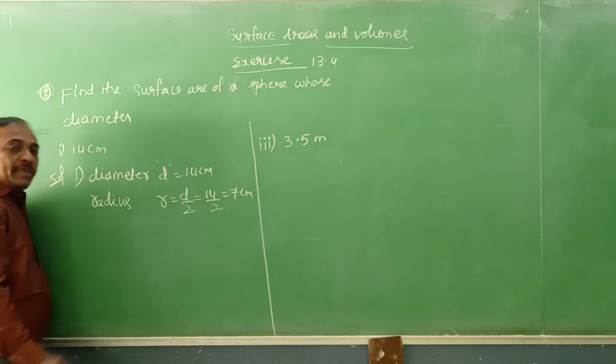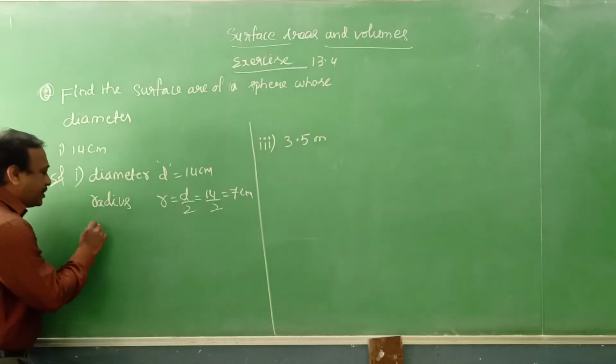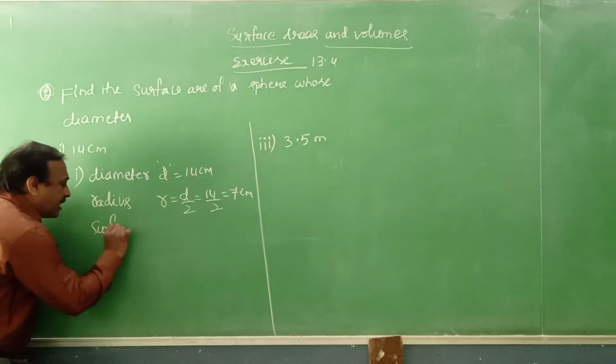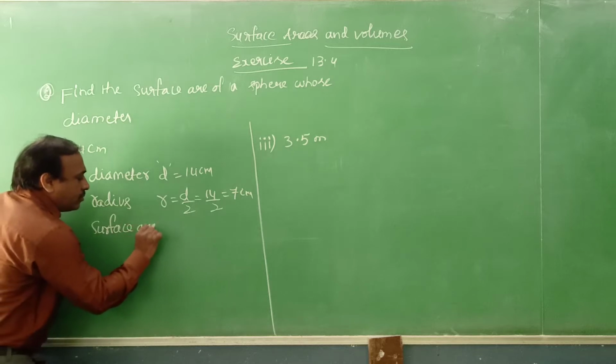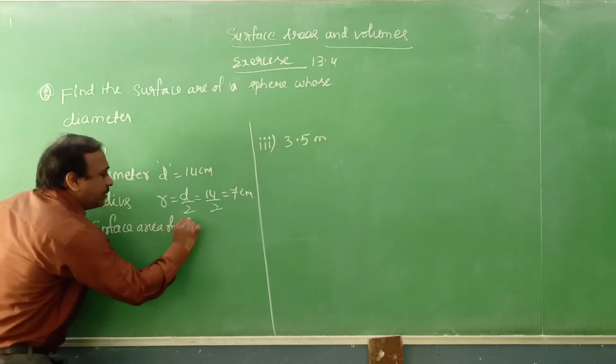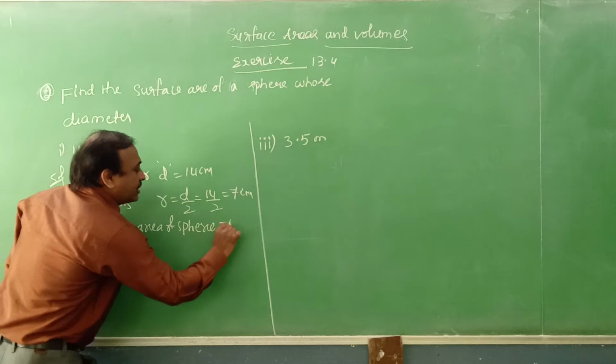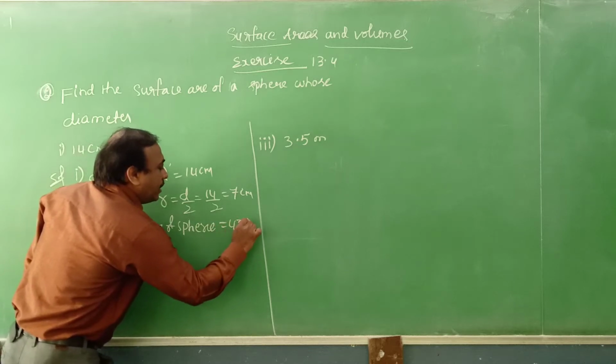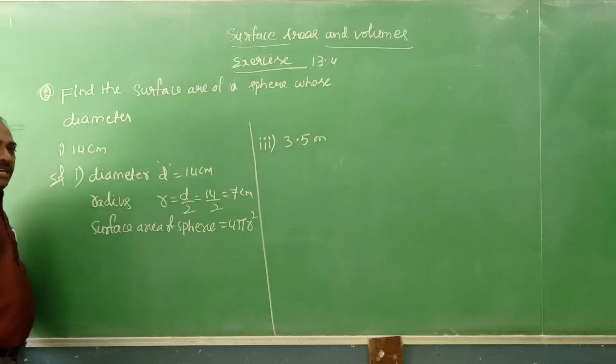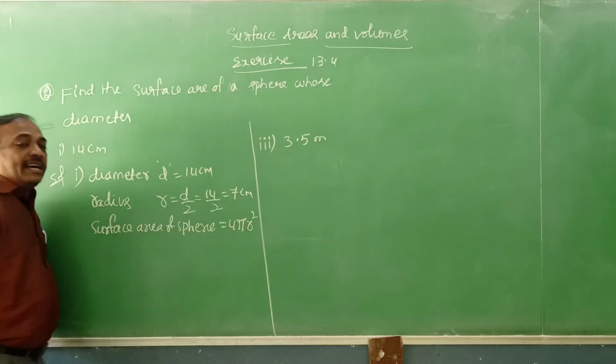Now the surface area of a sphere is 4 pi r square, where r is the radius.